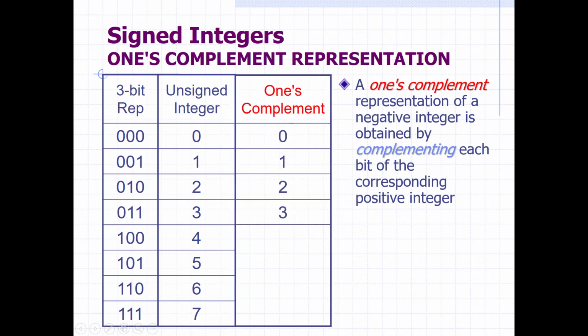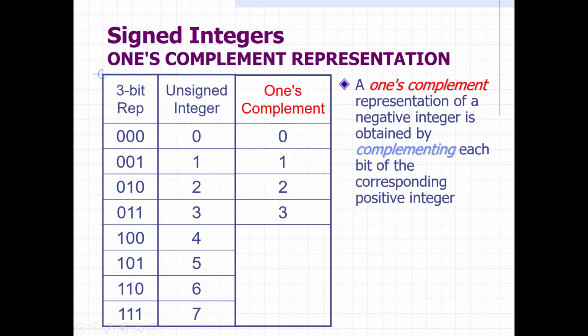We can try to come up with another code. Instead of having our values have a sign and then a magnitude, what we could do is do this thing called ones complement. Basically, if you want a negative number, you figure out what the positive number is, and then you complement all the bits, and that means change them all.